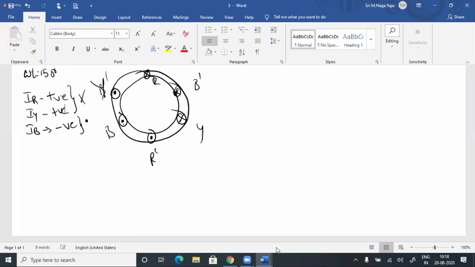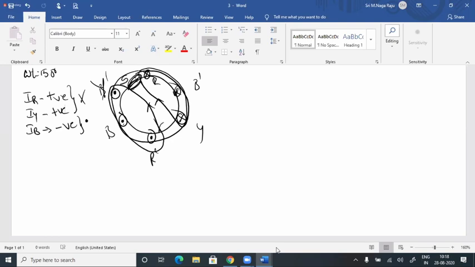Now what happens? This is the flux direction because of these conductors, clockwise. And this is the flux direction because of these conductors, anti-clockwise. Now again, is this metal part accepting the flux or radiating the flux? Accepting. This acts as a south pole.